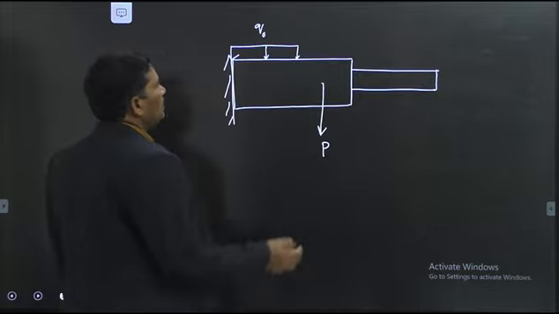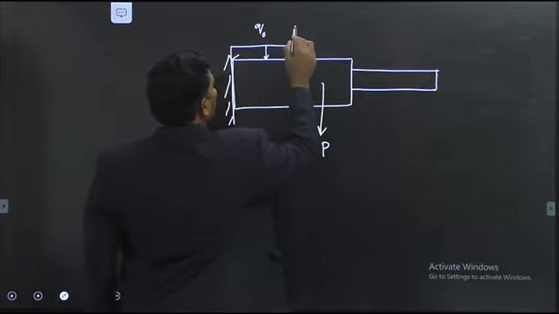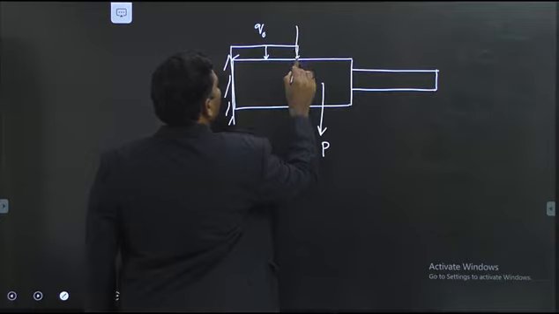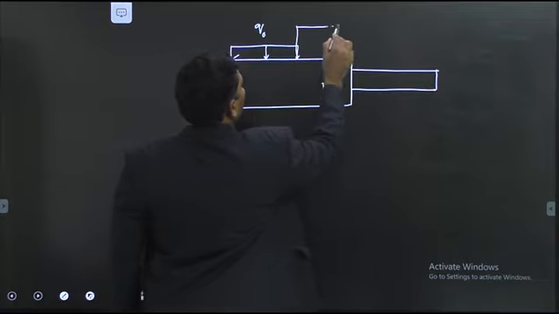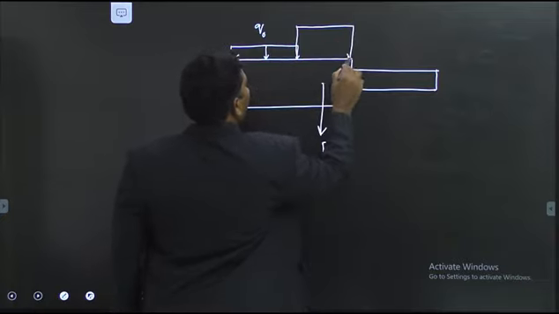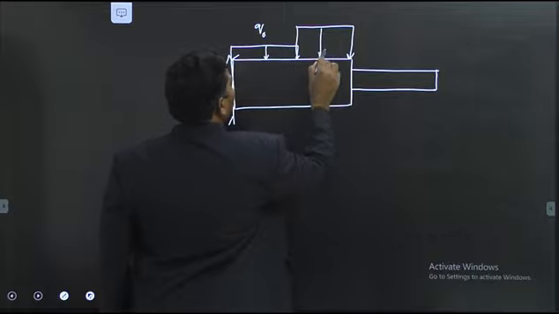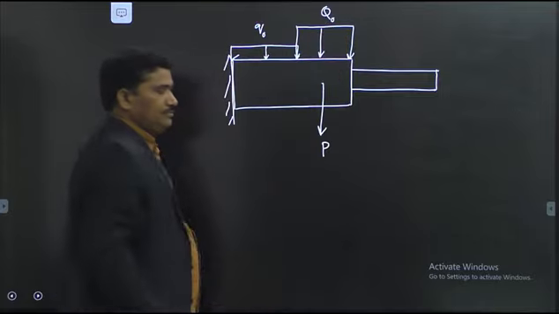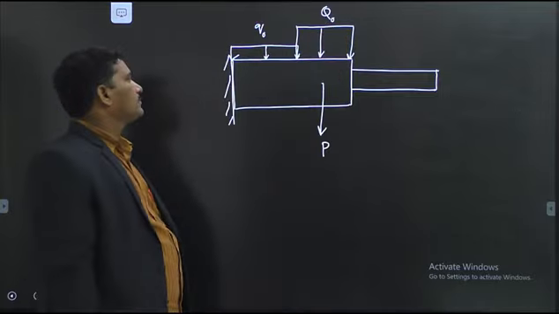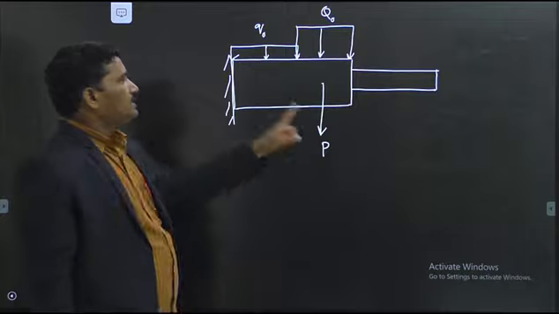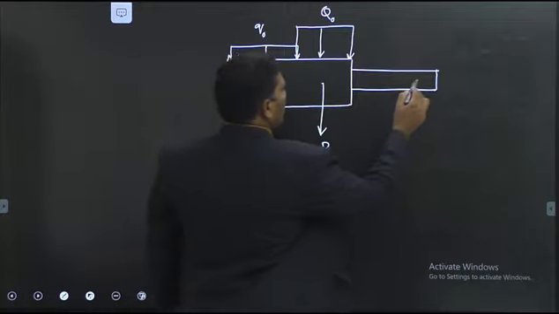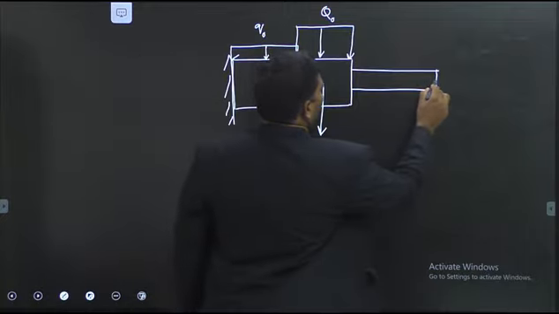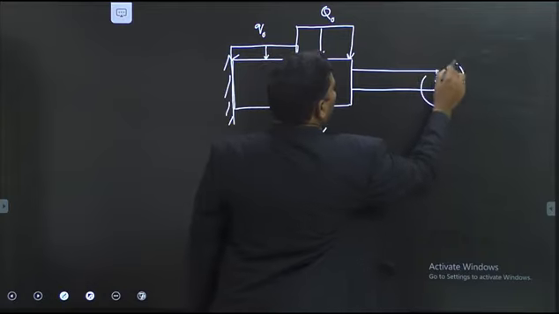Now, the same bar is supporting another type of uniformly distributed load with different load intensity, say capital Q0. The same member is supporting a couple in counterclockwise direction.